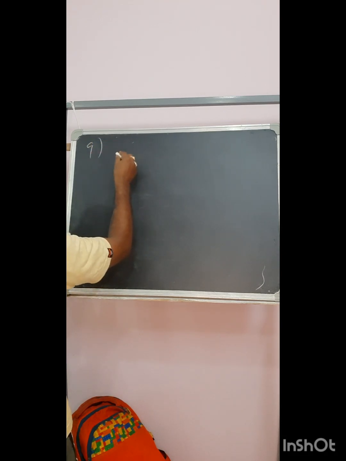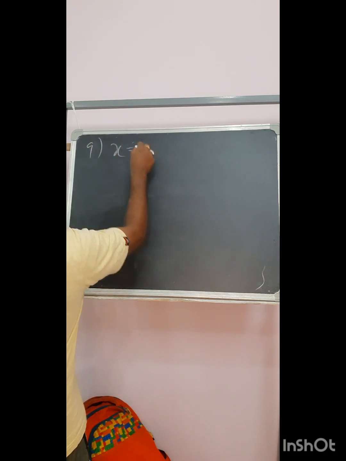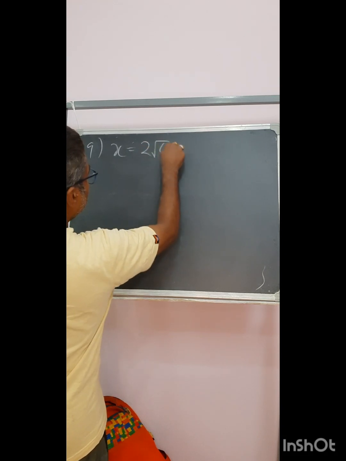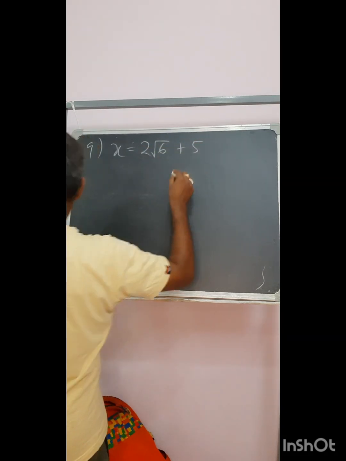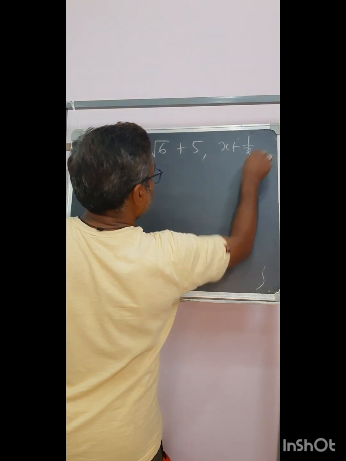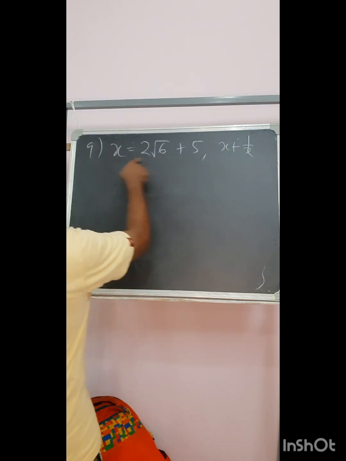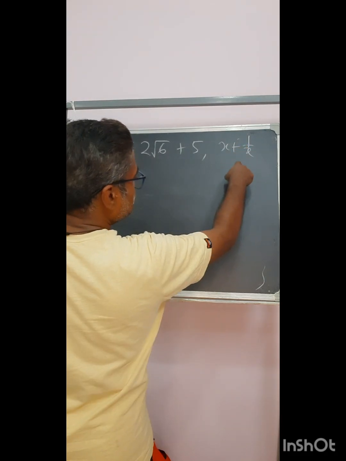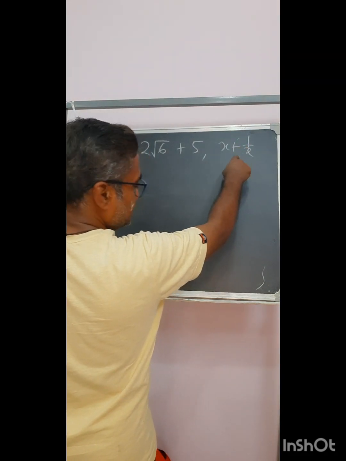So the next comes 9. If x is equal to, again it is a very easy problem, root 6 plus, then what is the value of x plus 1 by x? So here you can see, by seeing the terms, x is the value, 1 by x is the reciprocal value.